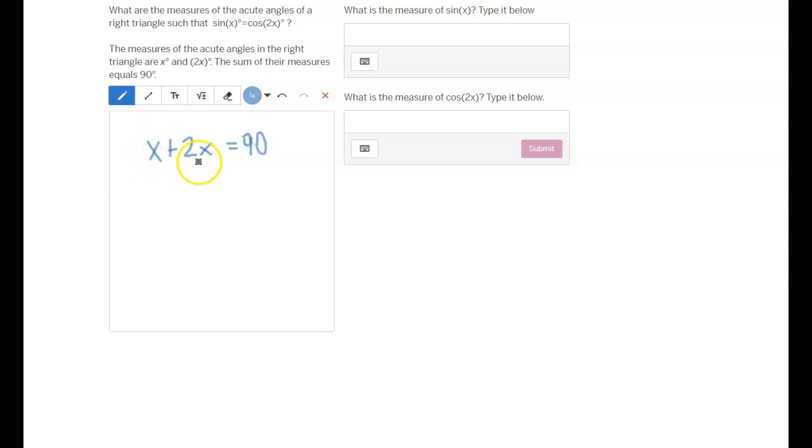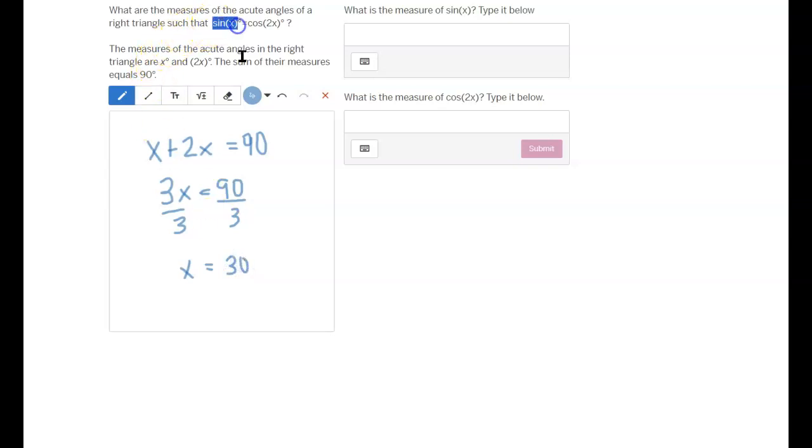Well, if I have 1x plus 2x, then that means I have 3x is equal to 90 degrees. So that means each of my x's is equal to, if I divide both sides by 3, 30. 30, 60, 90. Awesome. All right.